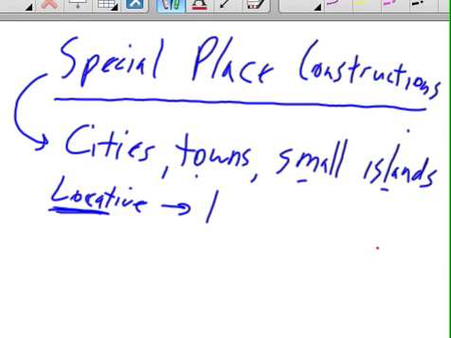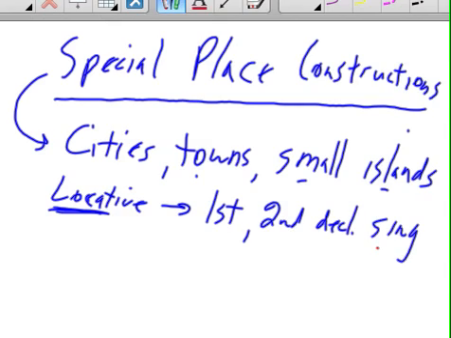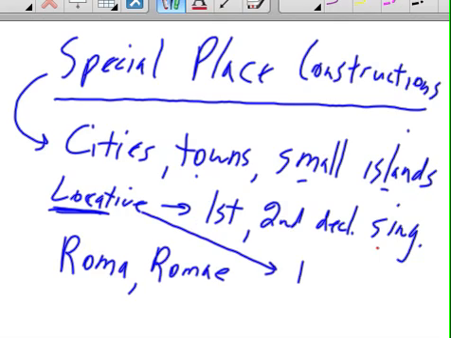Rome happens to be either a first or second declension singular place, because the dictionary entry goes Roma, Romae. That's obviously first declension, it's obviously singular. So to say in Rome, we would simply say Romae, which ultimately looks like the genitive.